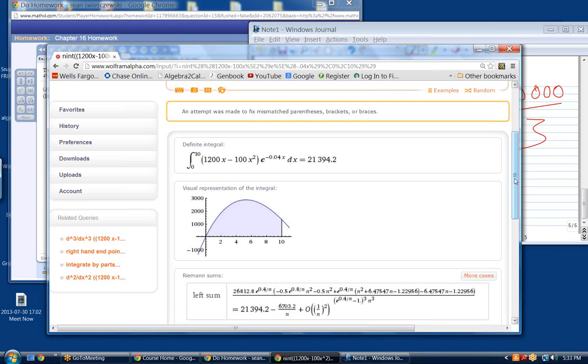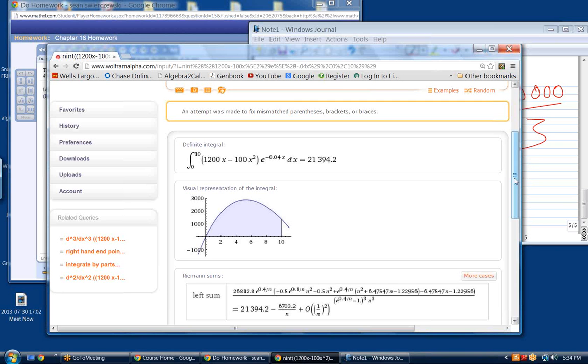Here's the integral. 0 to 10, 1200x minus 100x squared dx. Well, that function needs to be multiplied by e to the minus 0.04x dx. And then you need to go from 0 to 10.